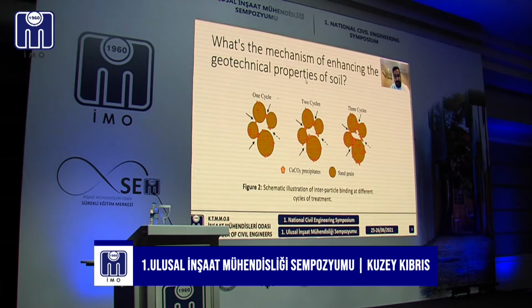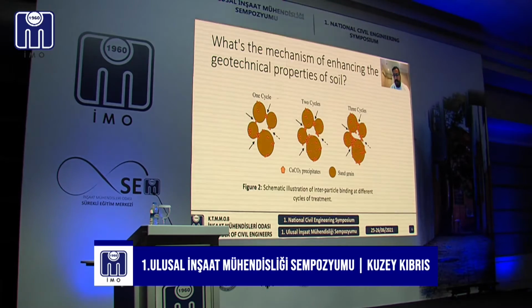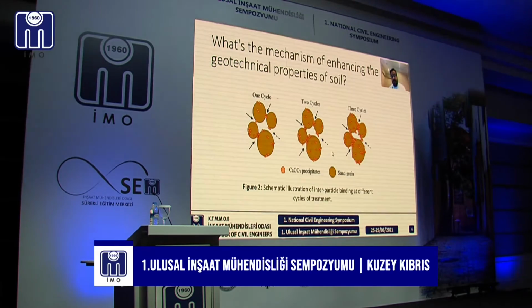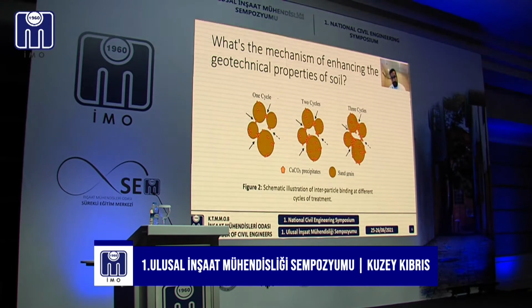After increasing the cycles, we increase the precipitation rate, and as a result we enhance the strength of the soil and also decrease the permeability of the soil. So increasing the number of cycles increases the calcium carbonate precipitation rate, and as a result we increase the enhancement at the same time.